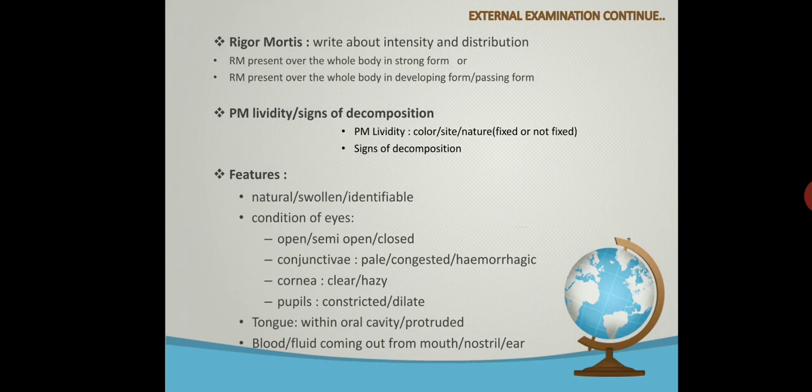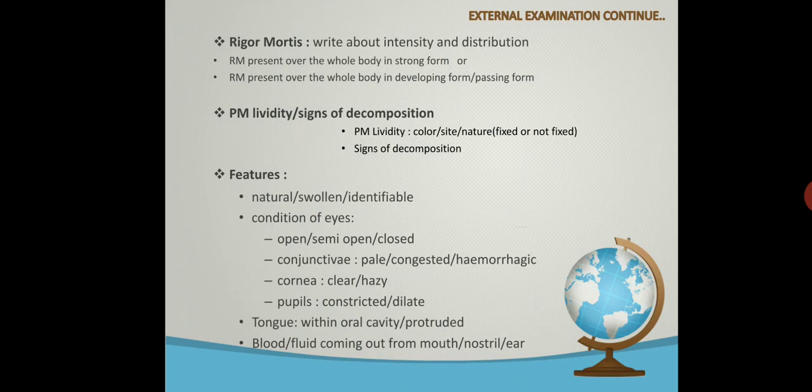Okay, then in column number 13, you have to describe the face, as in the Gujarati PM note it is described as sabna chehrano dekhav. Okay, so you have to describe whether the face is natural, swollen or identifiable, the condition of the eye, whether open, closed, semi-open, conjunctiva congested, pale or hemorrhagic, the cornea clear or hazy, pupil constricted or dilated.